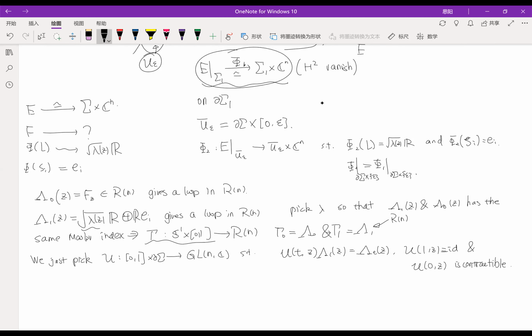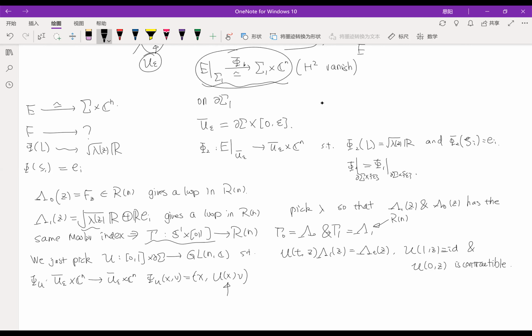So then we can set psi_U, from U_epsilon bar cross C^n to U_epsilon bar cross C^n, such that it maps any (x, v) to the pair x and U with values in x, and maps on v. Because x is just a cylinder, we can use one variable for u.